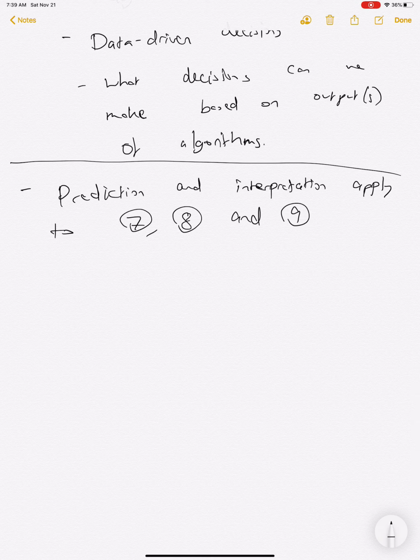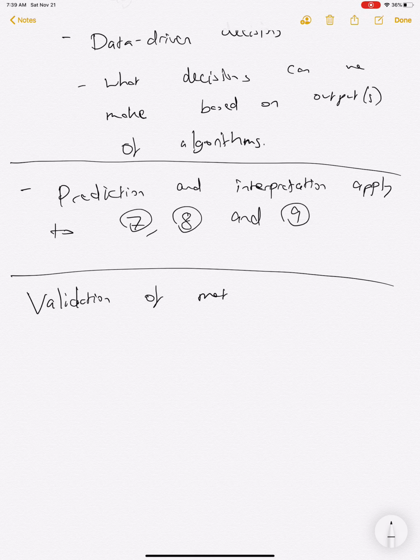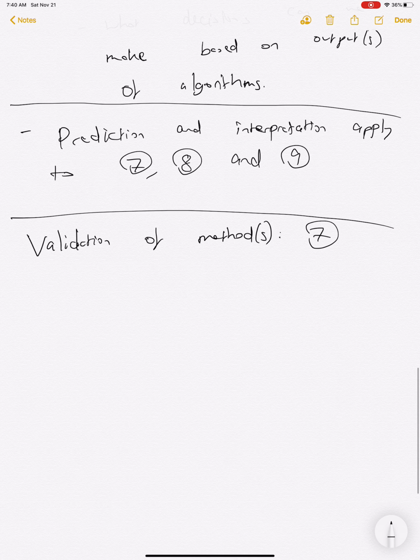Okay, so now let's focus on validation of methods, so this is the seventh of those tasks listed for you to do.